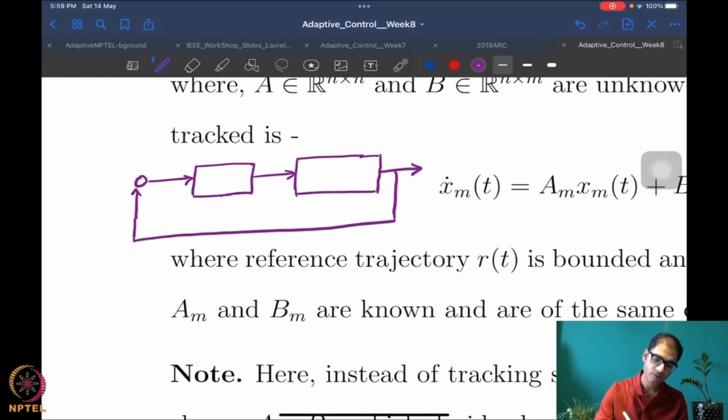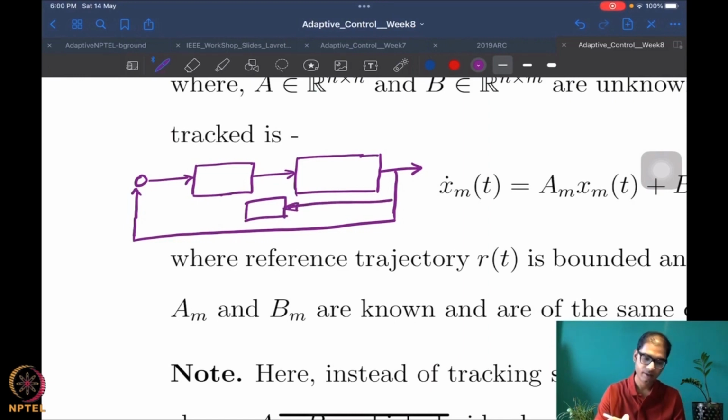And of course, because it's an adaptive controller, there will be an adaptation block, which will also take this input, and possibly also this input. And the output from this goes here. And here something more complex happens.